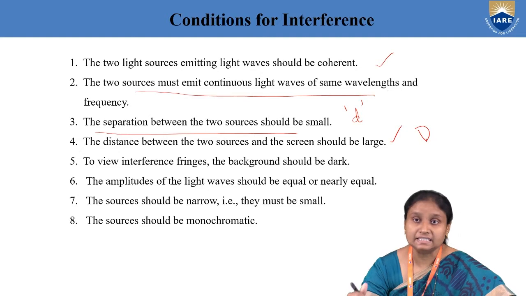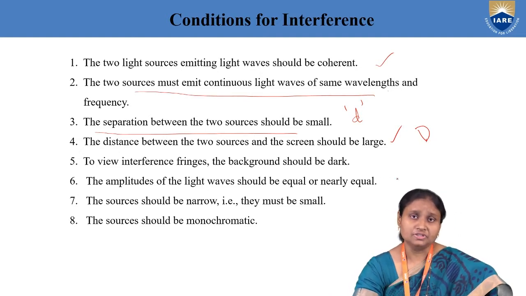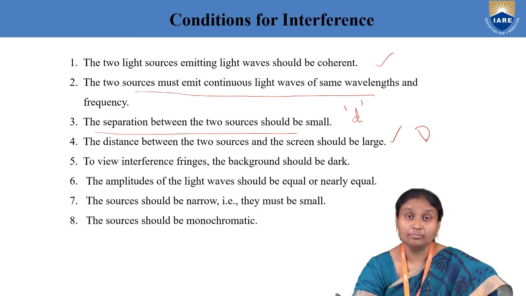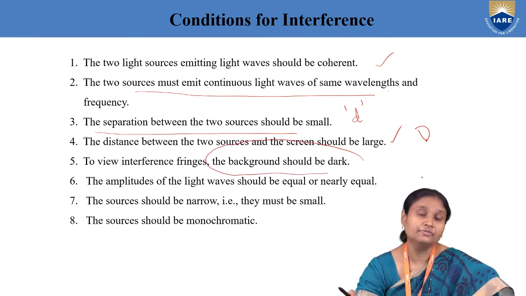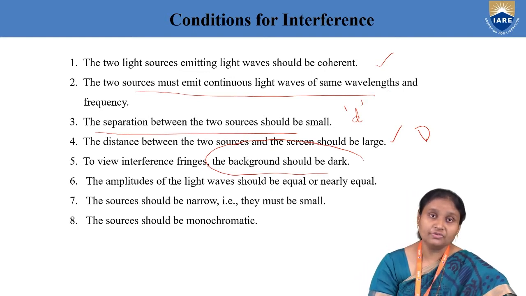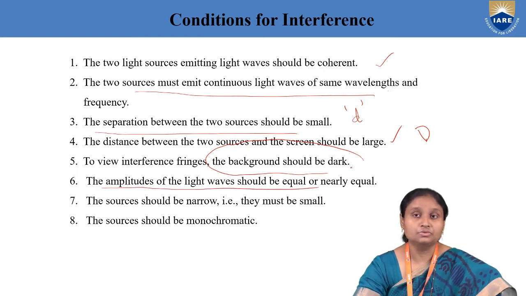Then, when we are recording fringes on a screen, we have to maintain the background of the screen dark. Then we should be able to see a beautiful pattern of bright fringes on the screen. And apart from their wavelengths and frequency being the same, the amplitudes of the light waves should also be nearly equal to each other.